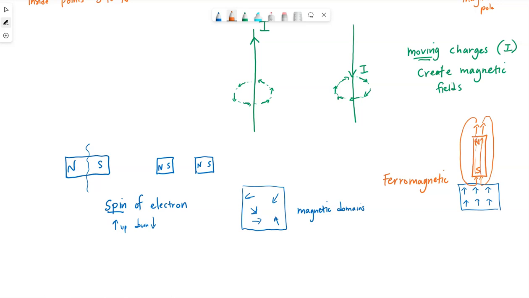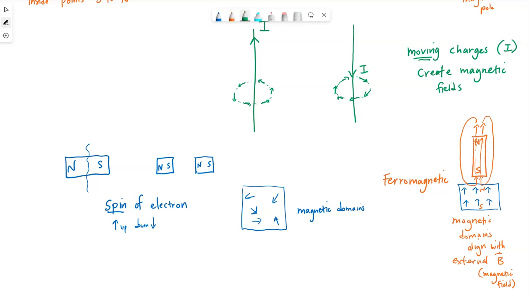And so these magnetic domains align. So they align with the external magnetic field. And capital B again is the symbol we're using for magnetic field. So notice inside, this material now acts as if it's a north pole at the top and a south pole at the bottom.